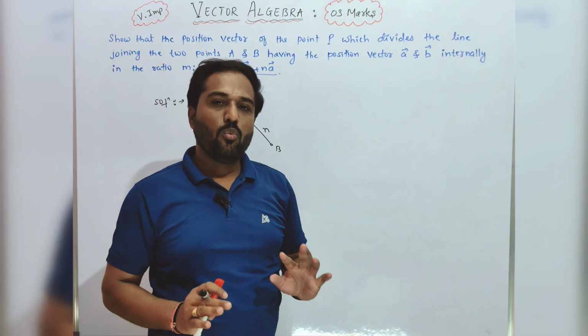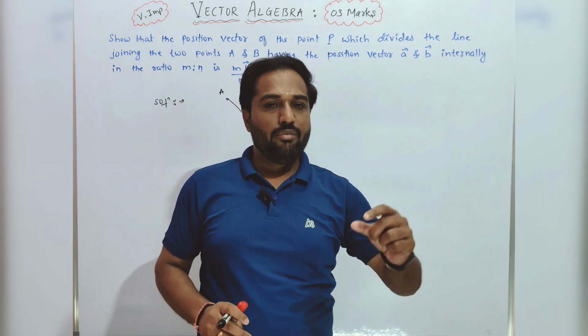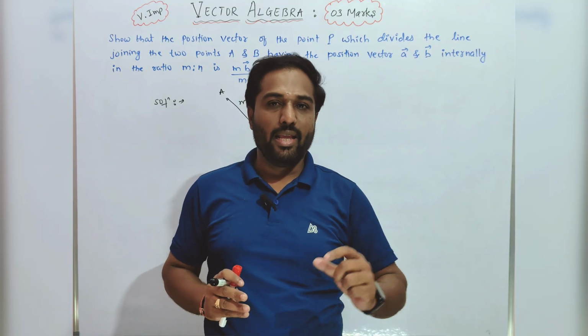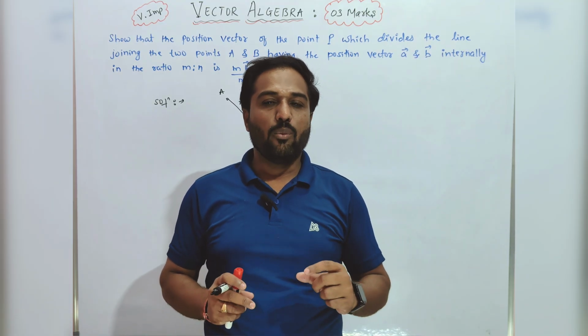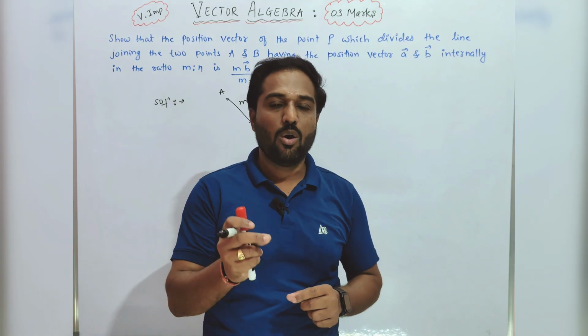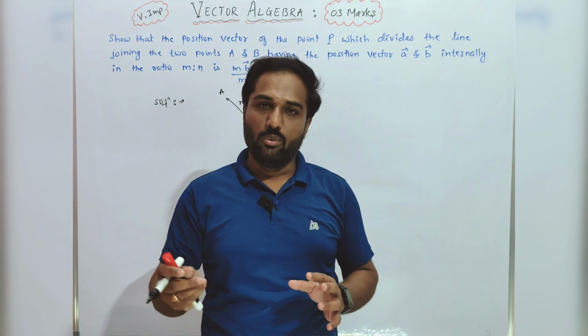Position vector means we need to measure a vector with respect to origin. That is, if A is mentioned as a position vector, we need to consider it as OA. If B is mentioned as a position vector, we need to consider vector B as OB vector, not just B or A. Position vector means OA, OB, OP, OQ.